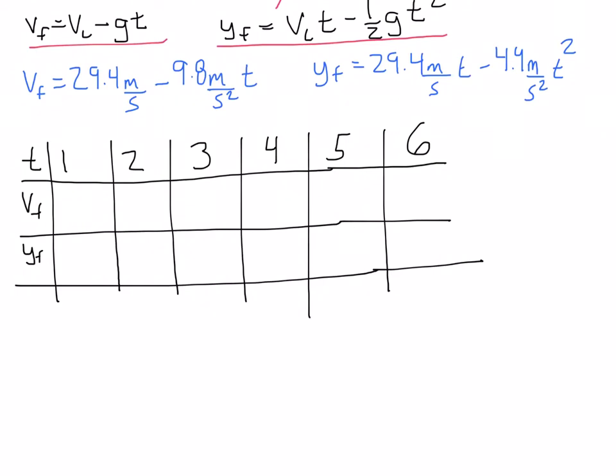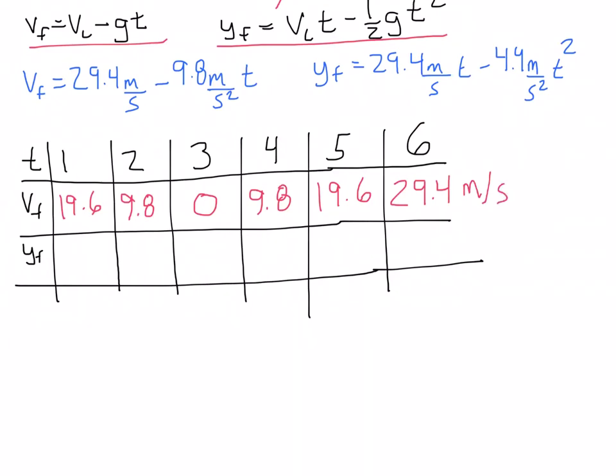So after 1 second, the velocity drops down to 19.6, and then 9.8, 0, 9.8, 19.6, and once again 29.4. And all of these are in meters per second.